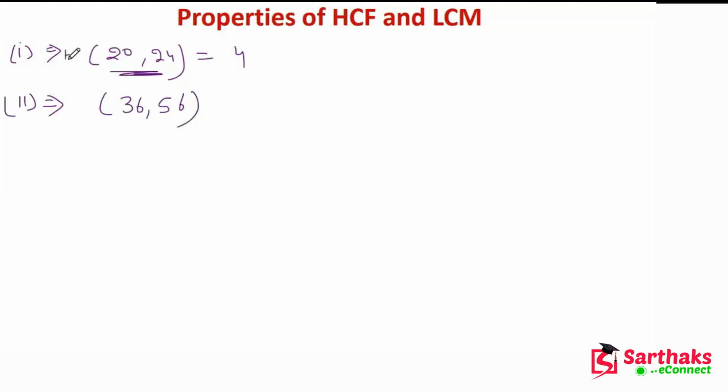Here is HCF, here is LCM. The LCM of 36 and 56 is 504. Okay, so this number is not less than either of the numbers. I hope you get this point.